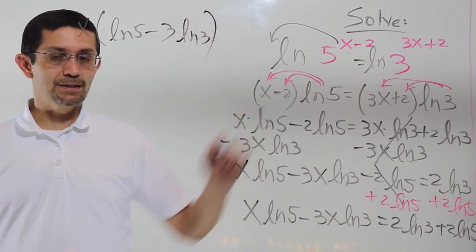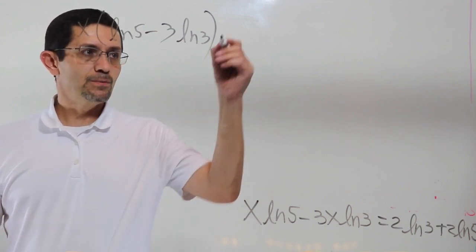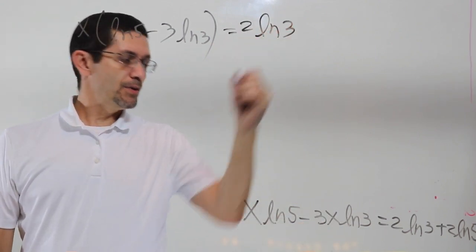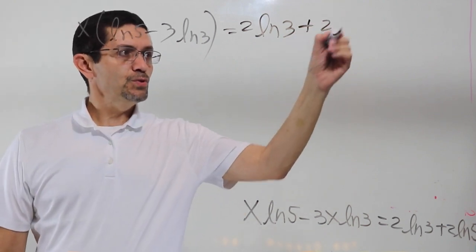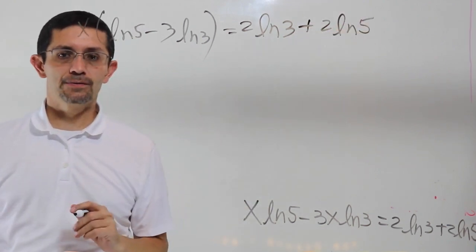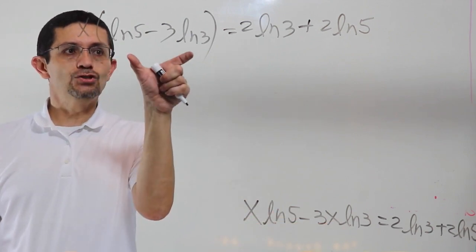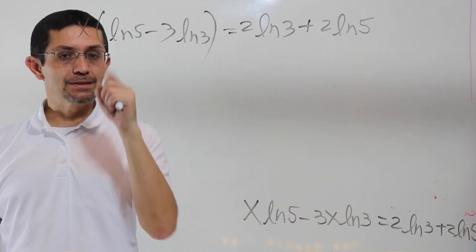And now I need space. Let's get rid of this. So now that's going to be equal to 2 ln of 3 plus 2 ln of 5. And if you notice, the x is a common factor, and I get two terms, but now my x is by itself.